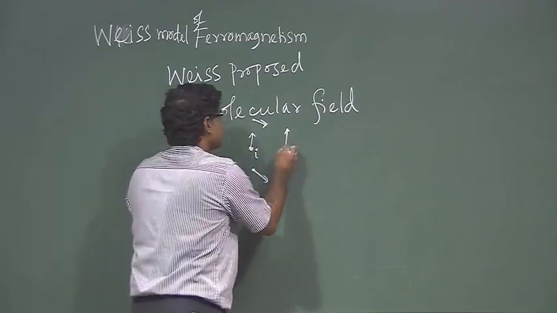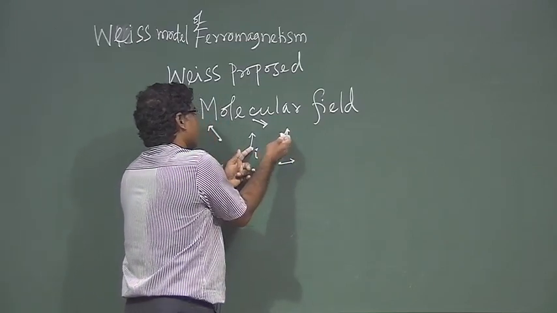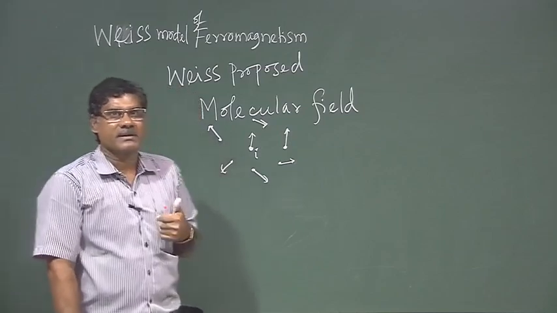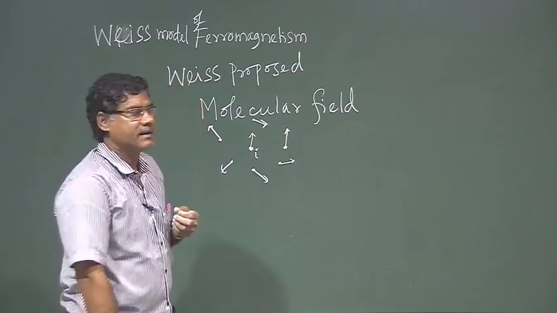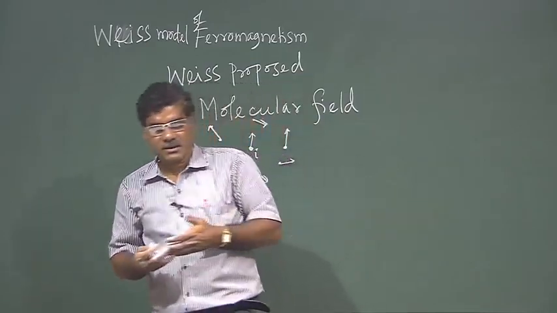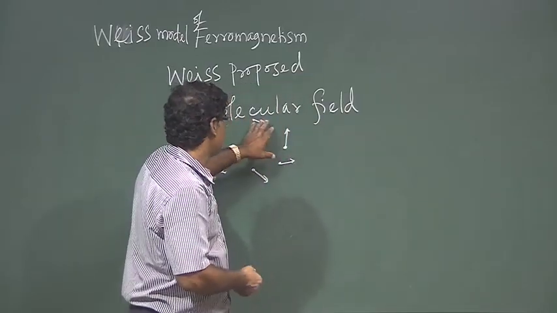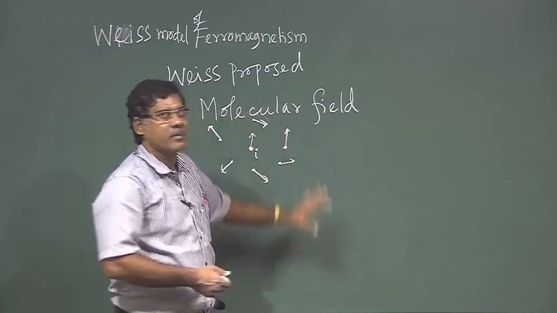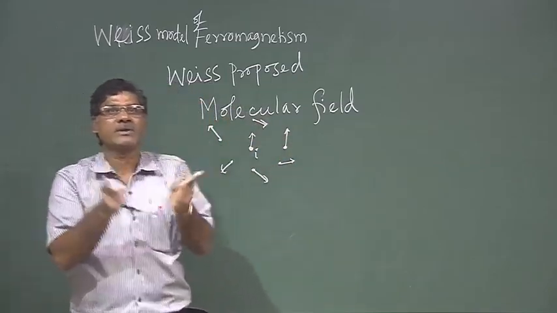In the case of paramagnetic material, we considered a paramagnetic gas, where the permanent dipole moments are there, but they do not interact with each other.